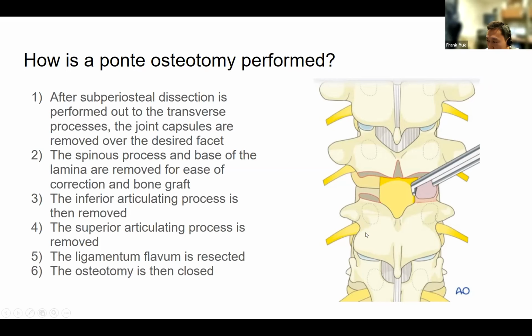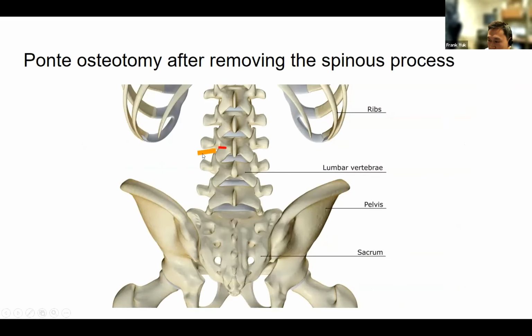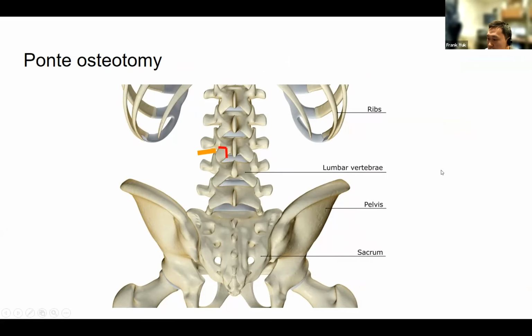So the way we are taught here, this is the exiting nerve root in orange, and so we've been taught to take an osteotome instead of a drill, and create a fracture line across the pars here, and then the next cut is to do a facetectomy of the IAP. So and then cutting across the inferior articulating process, which then removes this IAP and exposes the SAP below. And then you take the same osteotome, and then you can break the SAP here, which then allows you to remove this entire facet joint.